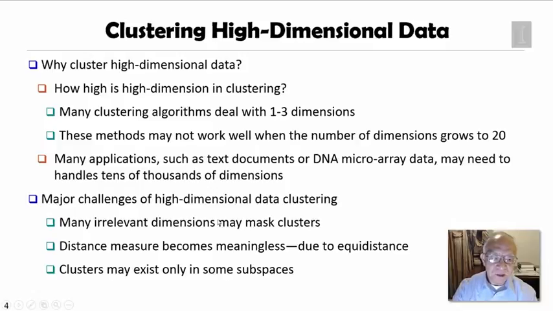So there are some challenges in handling high-dimensional data. For example, there could be many irrelevant dimensions that may mask the real clusters. The second problem is the distance measure may become meaningless due to equidistance. We're going to introduce this a little more.